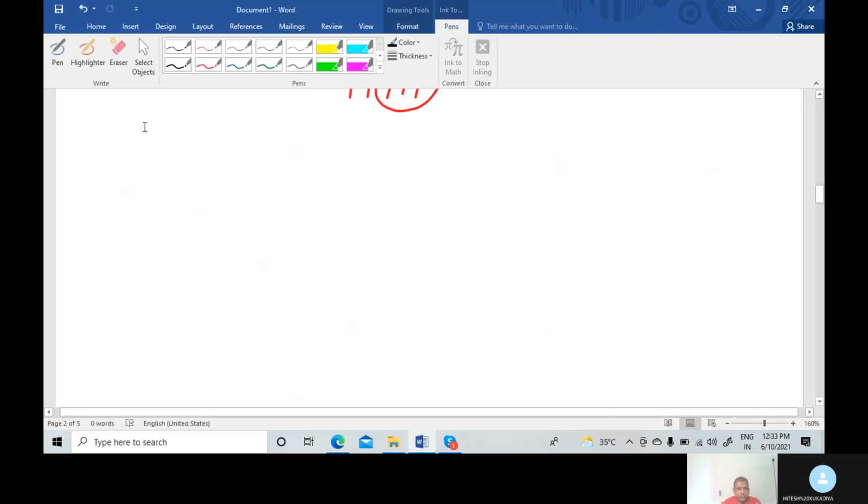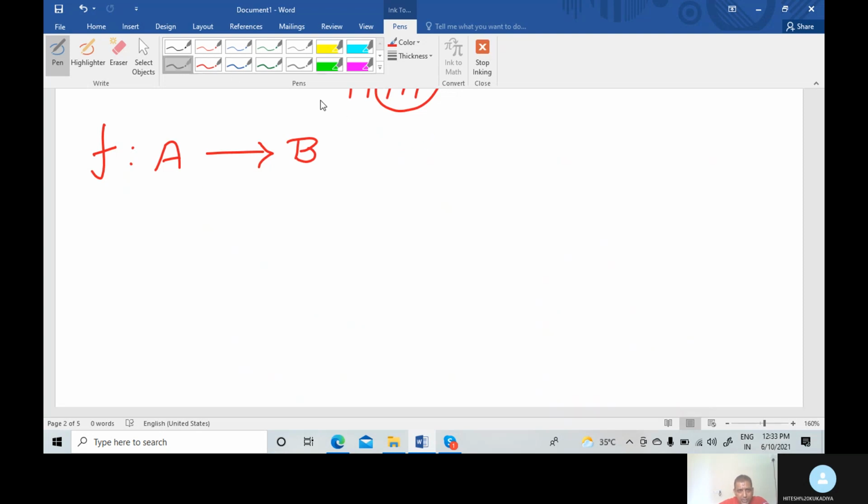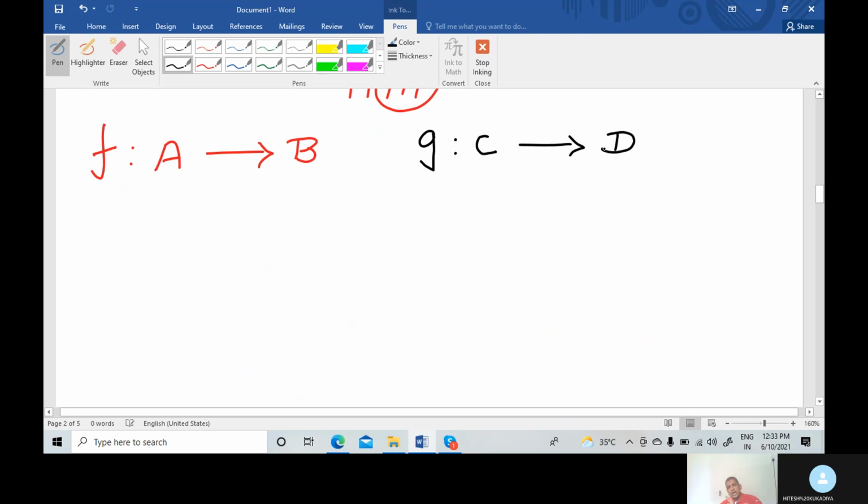Now look in your notebook. We discuss fog and gof by my own method, right? Here first we write function f is a function from A to B. Look clearly, students, very easy topic. And another function g is a function from C to D, right? Here we have a total of two functions.